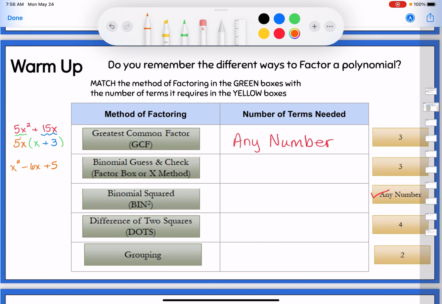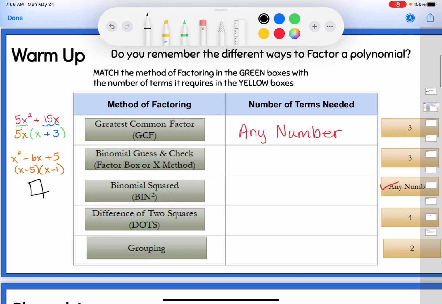And that would be x minus 5 times x minus 1 would give you x squared minus 6x plus 5. If you look at that, that has to have 3 terms. If you think of your factor box, the factor boxes looked like this, right? And you had your spots right up here and right down in the nook. So that one had to be 3 terms.